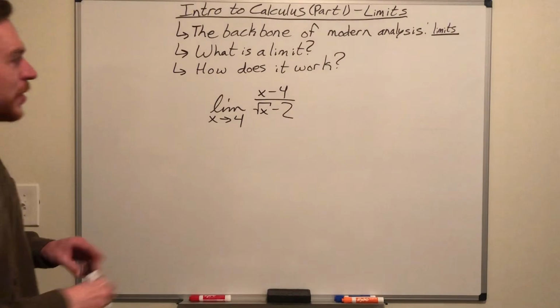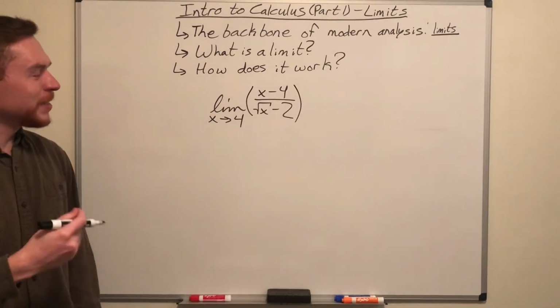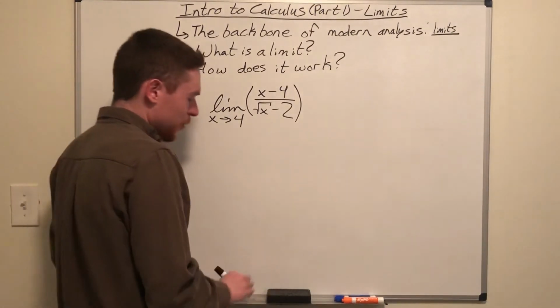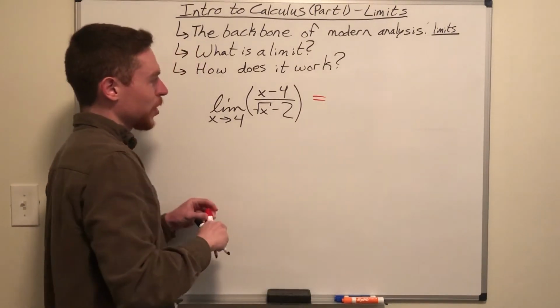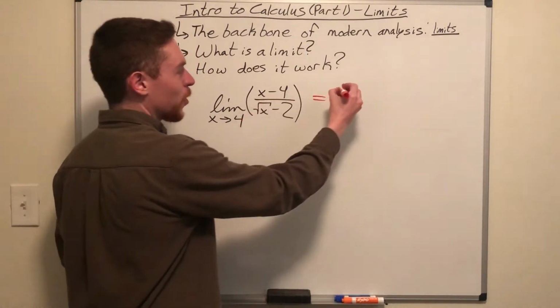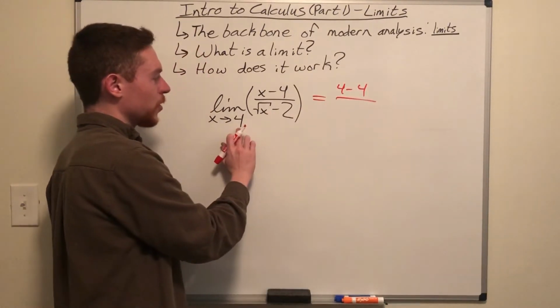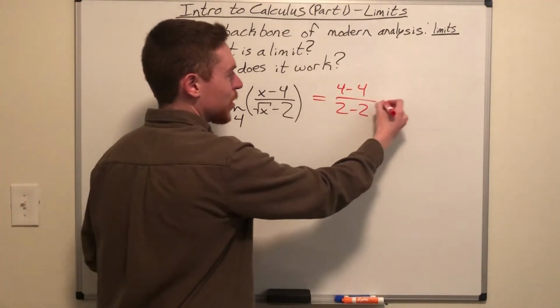That might seem a little bit weird at the moment, but what happens if I plug in 4? Again, I'm going to put this in red because this isn't how it actually works, but if I just plug in 4, I would get 4 minus 4 on top, and then the square root of 4 is 2, so I would get 2 minus 2 on the bottom.